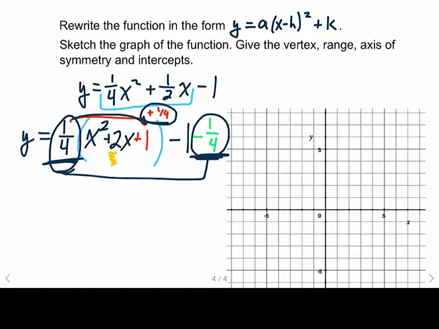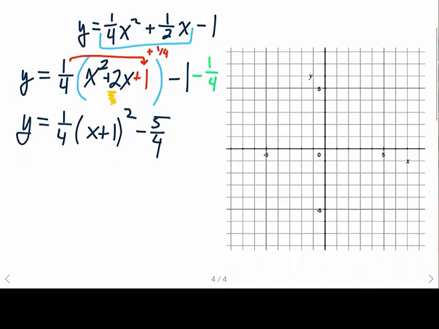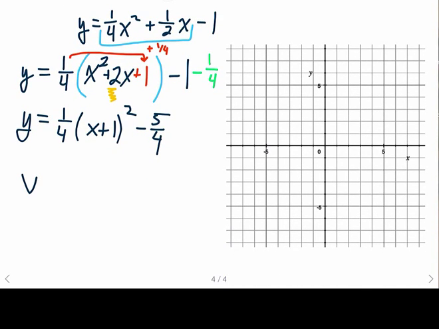Now back to our regularly scheduled programming. Now I've got y equals 1/4 times the quantity of x plus 1 squared, because we completed the square, minus 5/4 when I combine negative 1 and negative 1/4. From this form, I can get the vertex pretty straightforwardly.